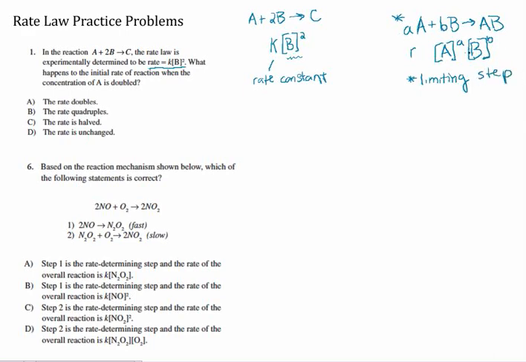Right? So the fact that this guy over here isn't mentioning A, let me change colors. The fact that this guy is mentioning B but not A is interesting to us, right? Because normally for this equation, this should read rate equals K, A to some power, times B squared, right?